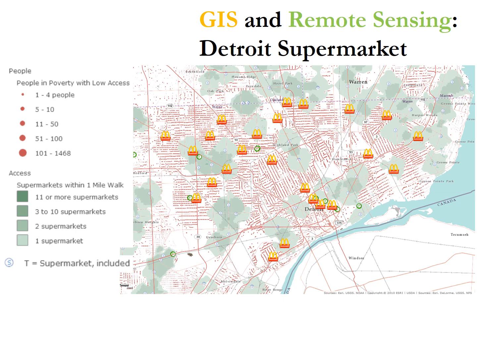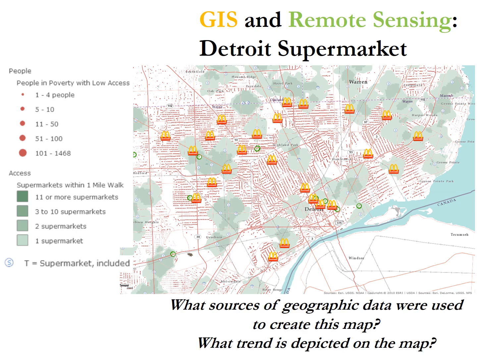Well, we use remote sensing to capture images of McDonald's, and we layer that on top of people in poverty near supermarkets, and then all of a sudden we start to see a trend that there's more McDonald's in low-income neighborhoods with low access to supermarkets, and not as many supermarkets in places where people have access to food.